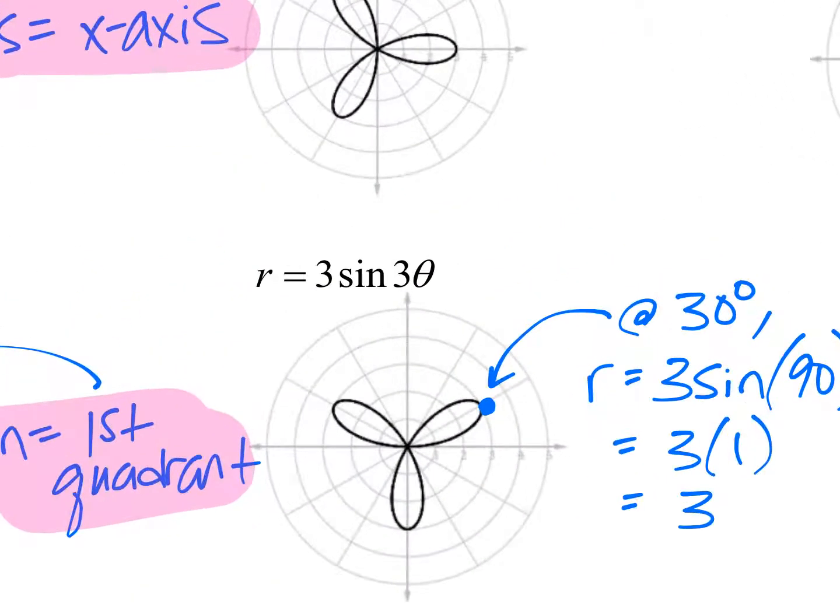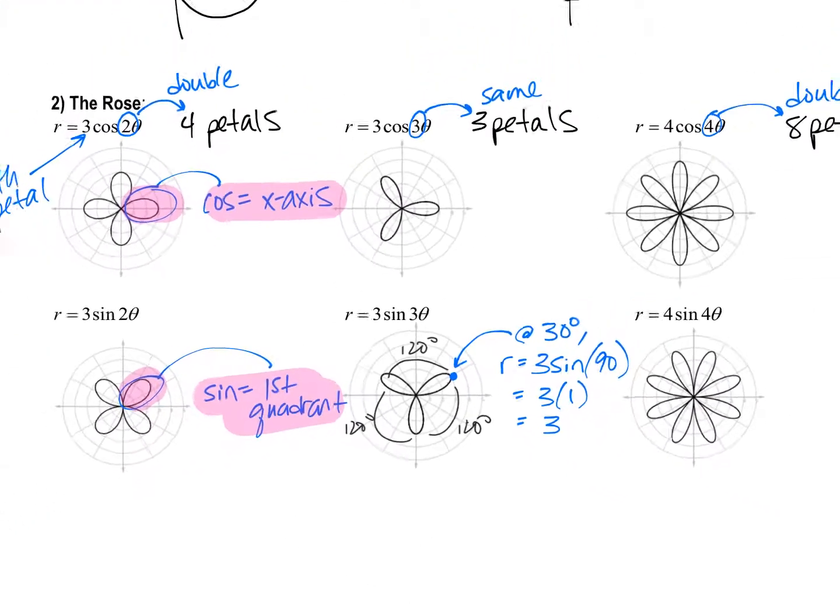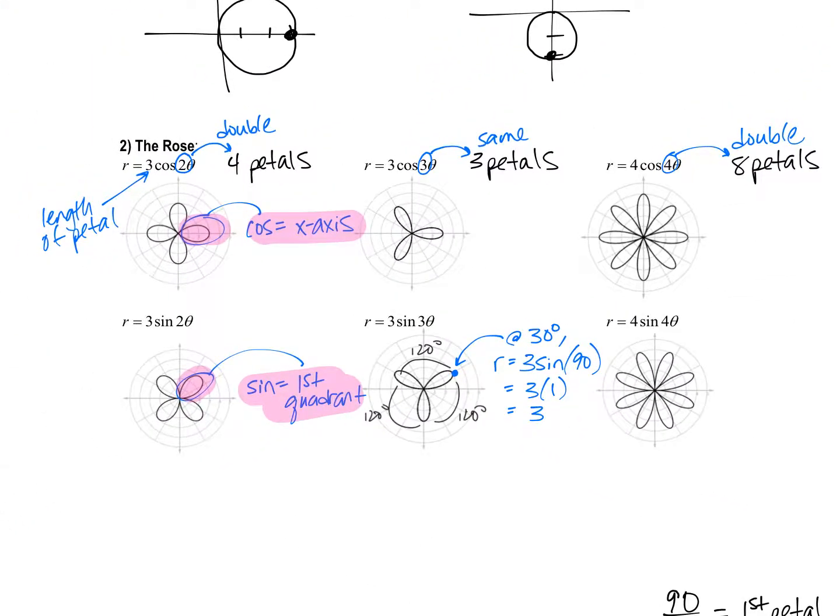And so what that means is there's 120 degrees here, there's 120 degrees here, and there's 120 degrees here. You guys won't use this thought that often because most of the time we do simpler ones where there's like 4 petals, for example. In that case, you just use all the 45-degree reference angles.